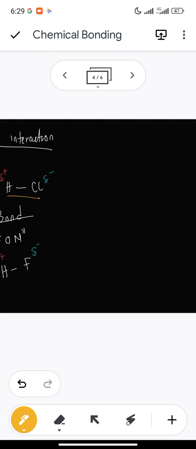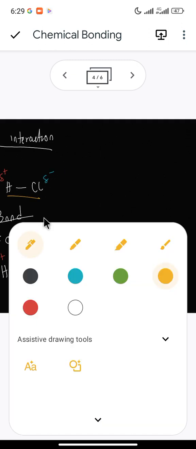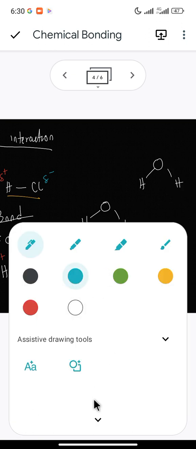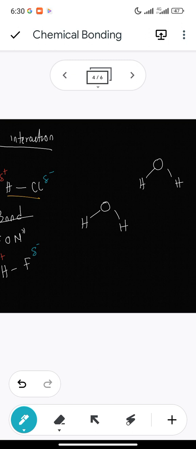Another example is the bond in water. The bond in the water molecule. We have hydrogen, we have oxygen, hydrogen. We have another water molecule, let's say we have oxygen, hydrogen. Now the oxygen is going to be slightly negative because it is more electronegative than hydrogen. It's going to pull most of the electrons to itself.